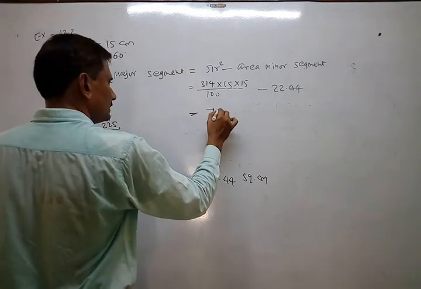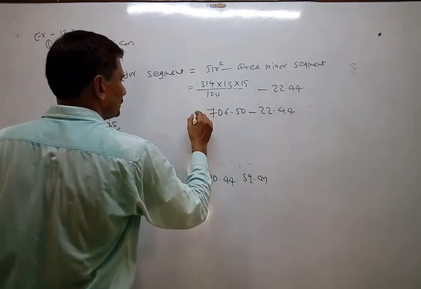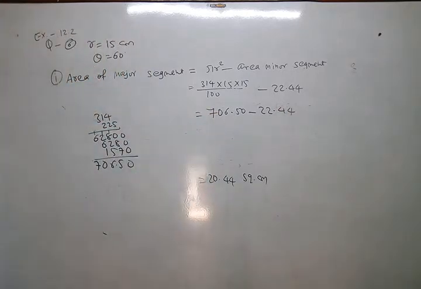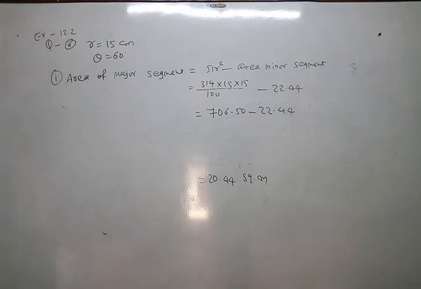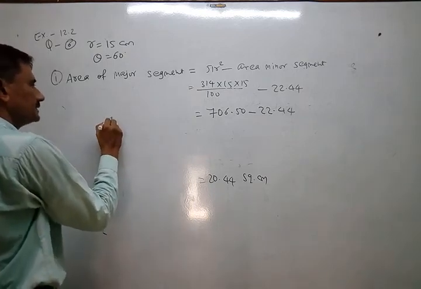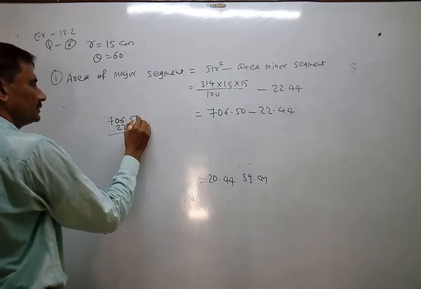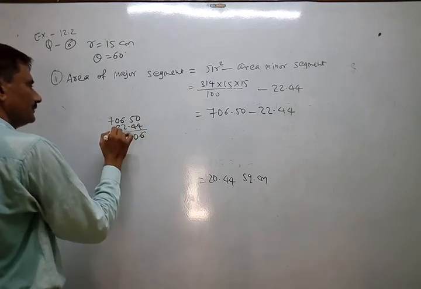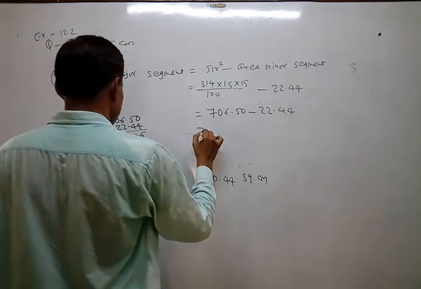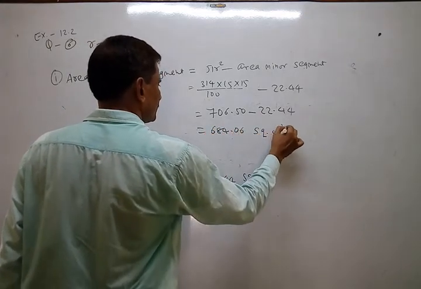So it is 706.50 minus 22.44. So it is 684.06 square centimeter or centimeter square, whatever.